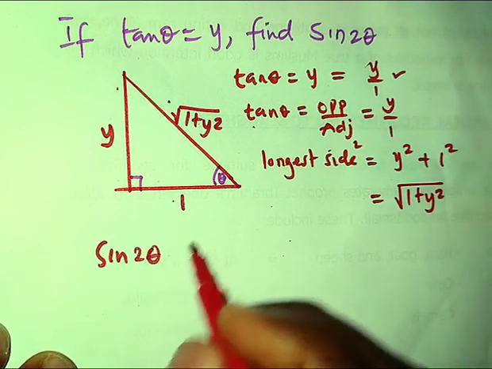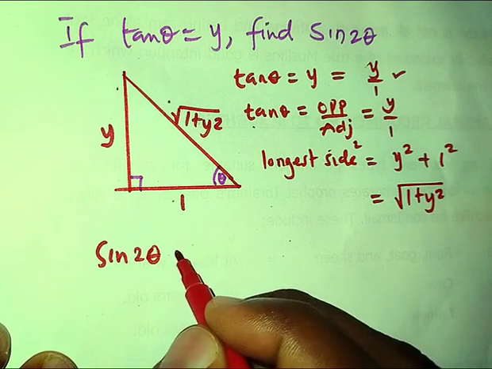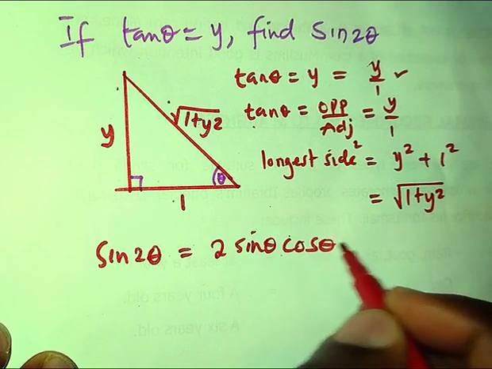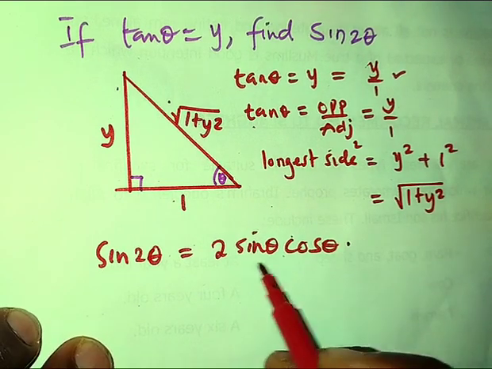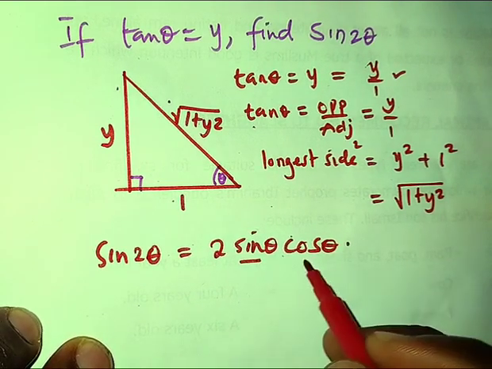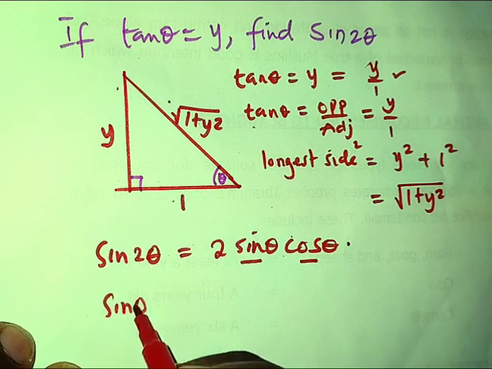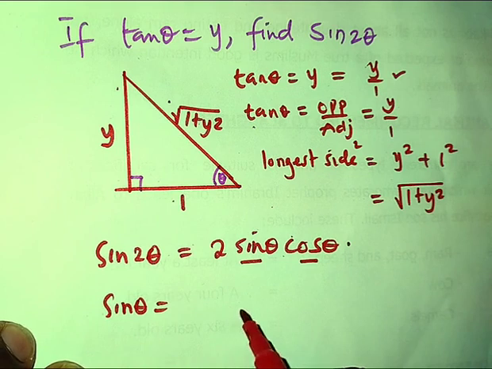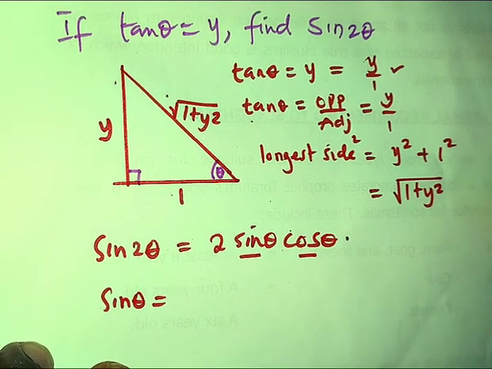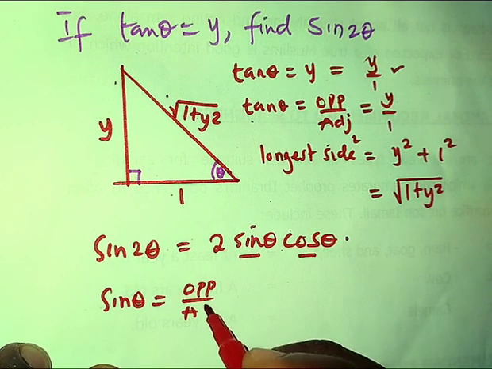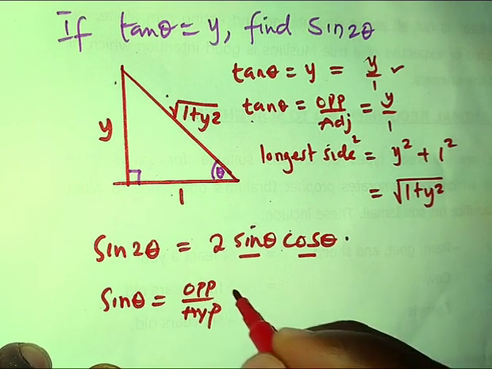The next thing we are going to do is find sine 2 theta, and you know that from trig identity sine 2 theta is the same as 2 sine theta cos theta. So definitely we need to get sine theta and cos theta from this diagram. Sine theta is opposite over hypotenuse.